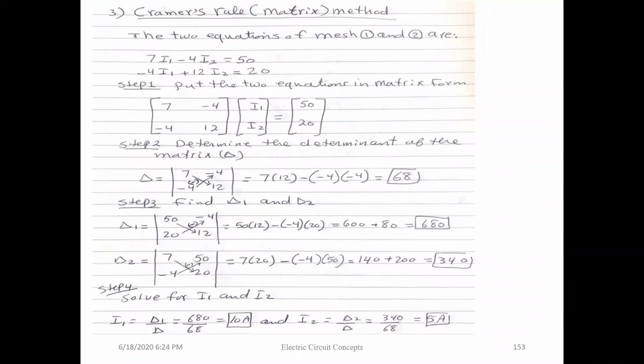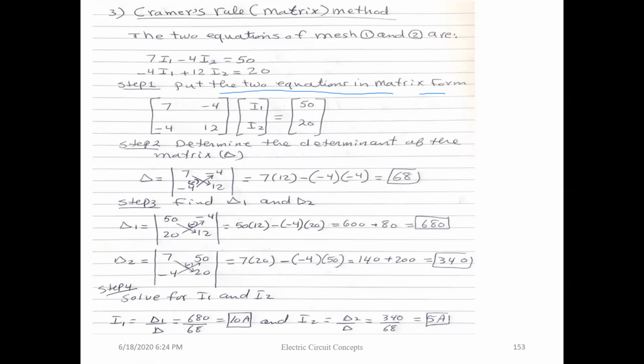Okay, Cramer's rule. Here I give another example of how to use Cramer's rule. So you can go over this and use this technique. Sometimes this technique, especially for 2 by 2 or 2 equations, may seem simple, but it's very important to know how to put the 2 equations in matrix form.